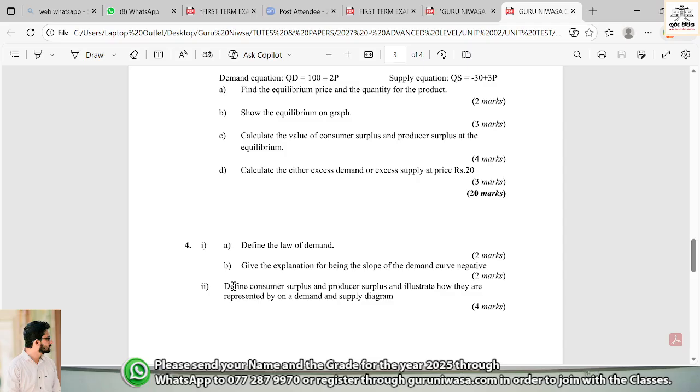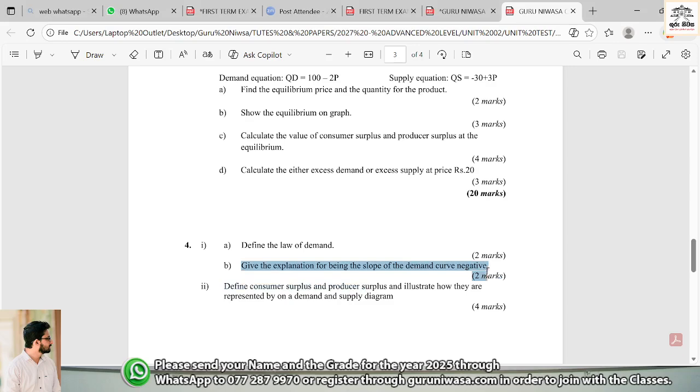There is an inverse or negative relationship between price of the product and quantity demanded when other factors remain constant. What are the other factors? Price of other products, PY, consumers' income, future price expectations, all factors except the price of the product.